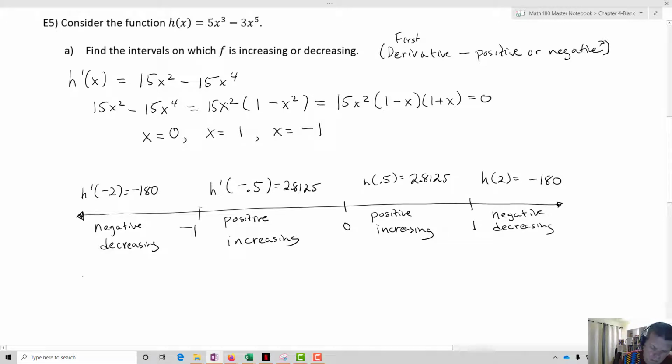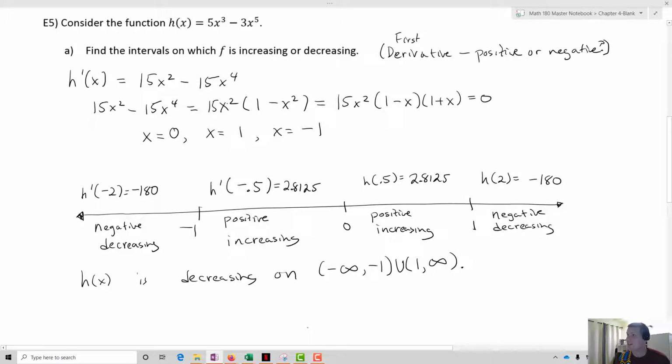So h of x is decreasing on negative infinity to negative 1, not including negative 1, union 1 to infinity. That's where it's decreasing. Notice that I didn't include 1 because at 1, it's neither decreasing nor increasing. Actually, we have a critical number.